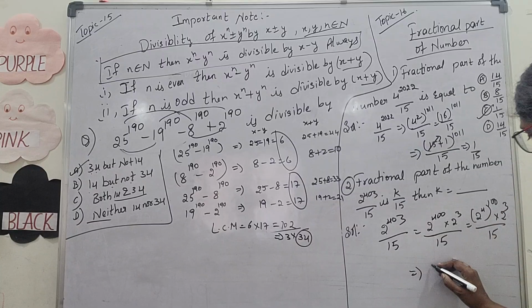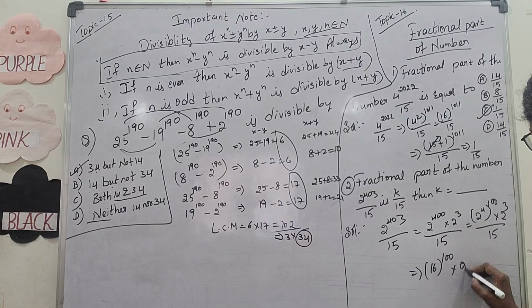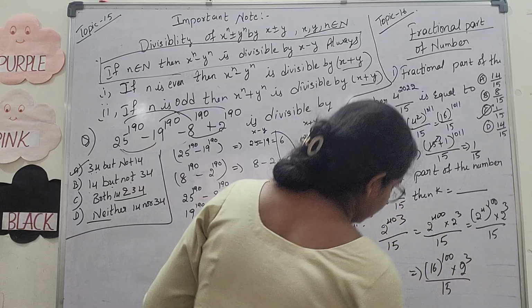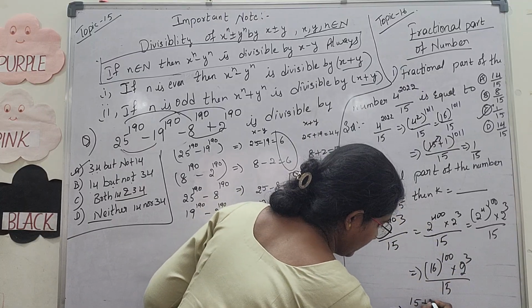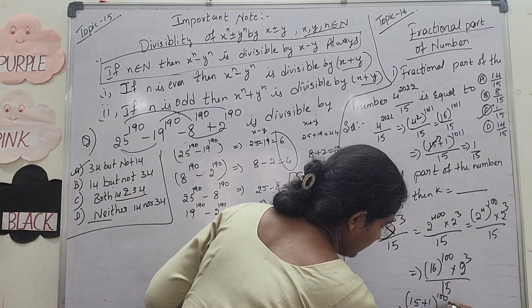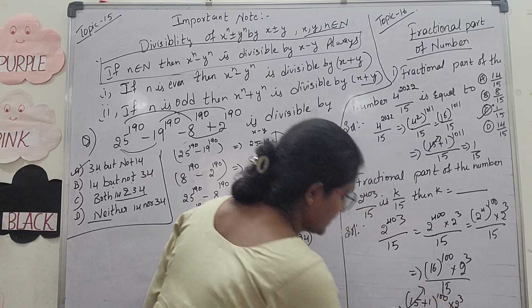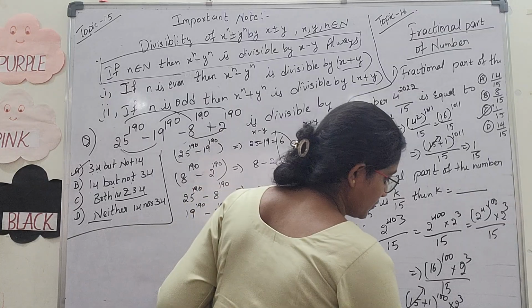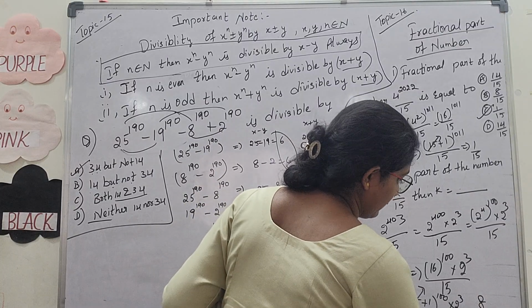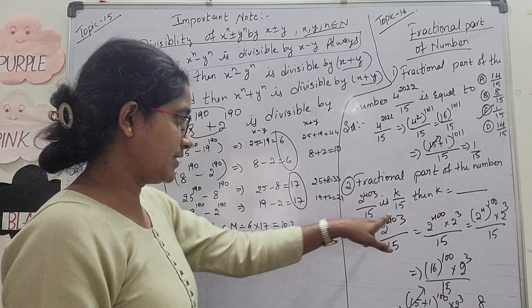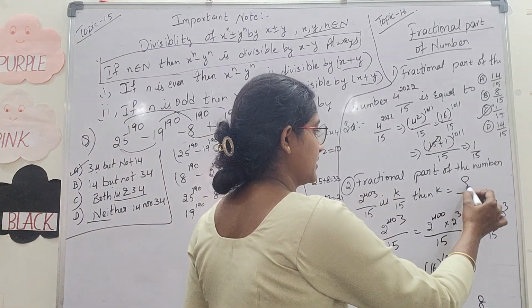I write 2 power 4 as 16, then how much am I going to get? It's 8 by 15. So the k value is 8.